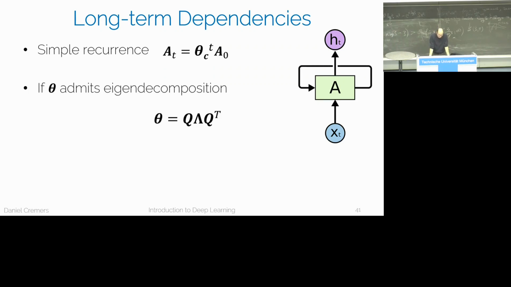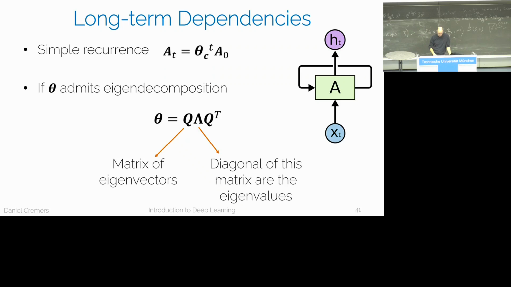For example, in time series analysis, so-called autoregressive models, there are whole books about it. I remember reading one of them years back. And what they often do is they take the weights and then compute what's called an eigenvalue decomposition. This is the matrix of eigenvectors, and lambda is a diagonal matrix with the eigenvalues. And the problem is, if one of them is larger than 1 or smaller than 1, the smaller than 1 vanish, the larger than 1 make it explode.